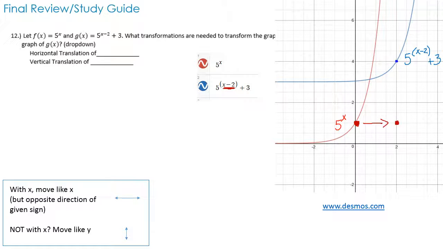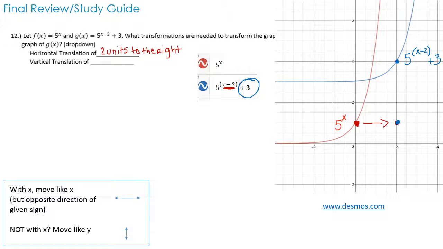So we have a horizontal translation of 2 units to the right, or right 2 units. And now from here, we're going to look at how we got from this point to our point up here for our vertical translation. If it's not with the x, so if it's just attached to our whole function, we move like y and we do exactly as it's saying.